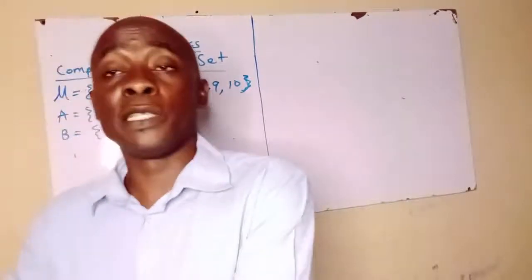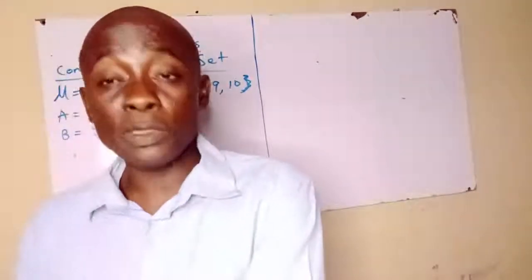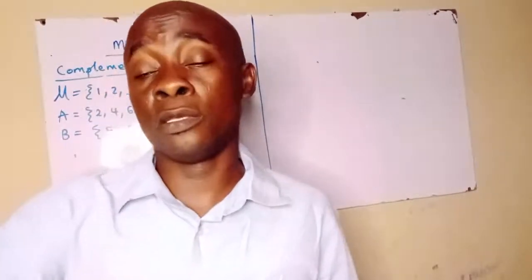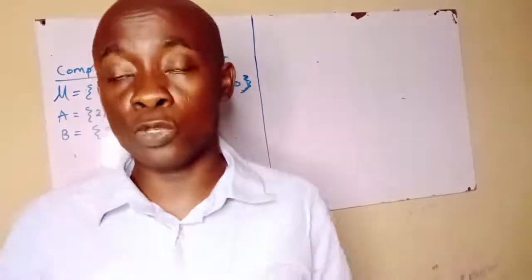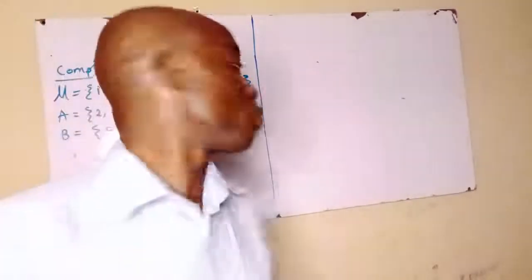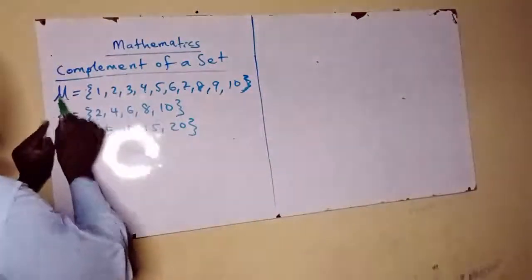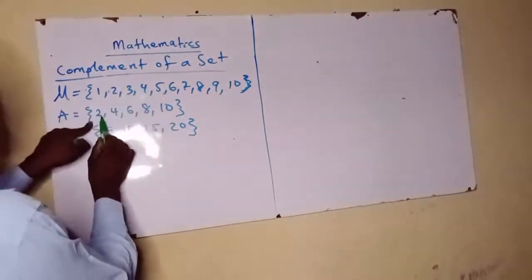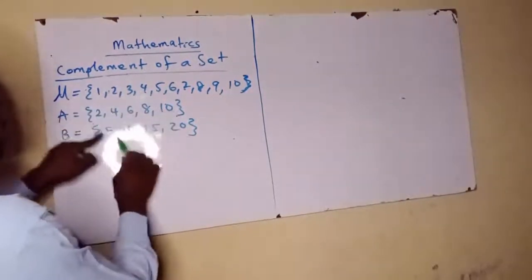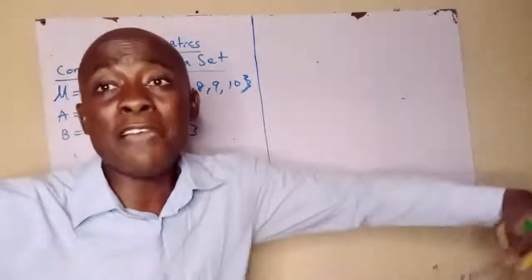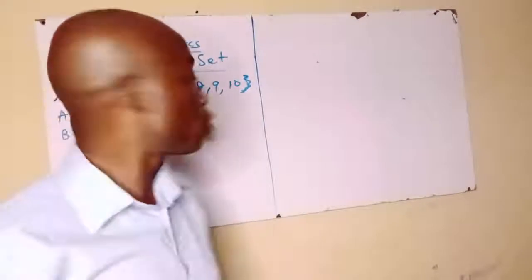Then we also have the girls. Maybe you are talking of Cynthia, Tayo and the likes. Those whose names are mentioned, they are the elements inside. So in all this, U is the universal set, A is a set under U, B is a set under U, and they consist of elements. And all these elements are inside the universal set because it's the one that covers everything that those sets contain. So let's continue this.